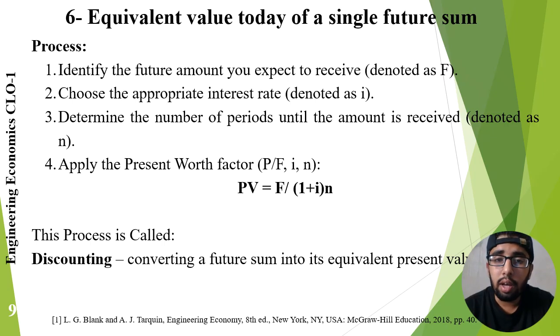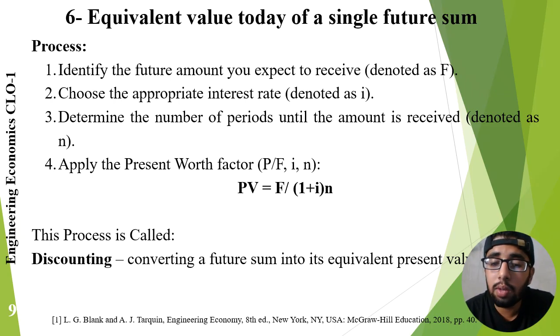Equivalent value today of a single future sum. Suppose we are expecting to receive a certain amount of money in the future. How can we determine its value today? The first step is identifying the future amount. The second step is determining the appropriate discount rate. The third is determining the number of years involved.